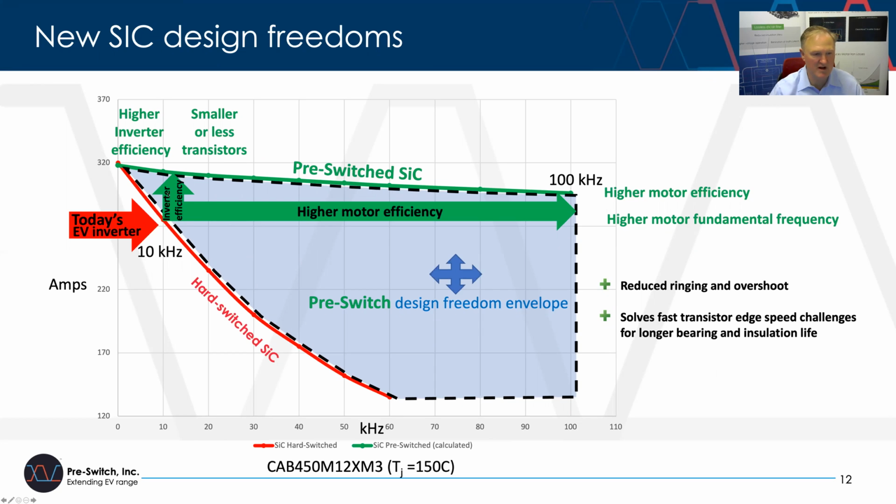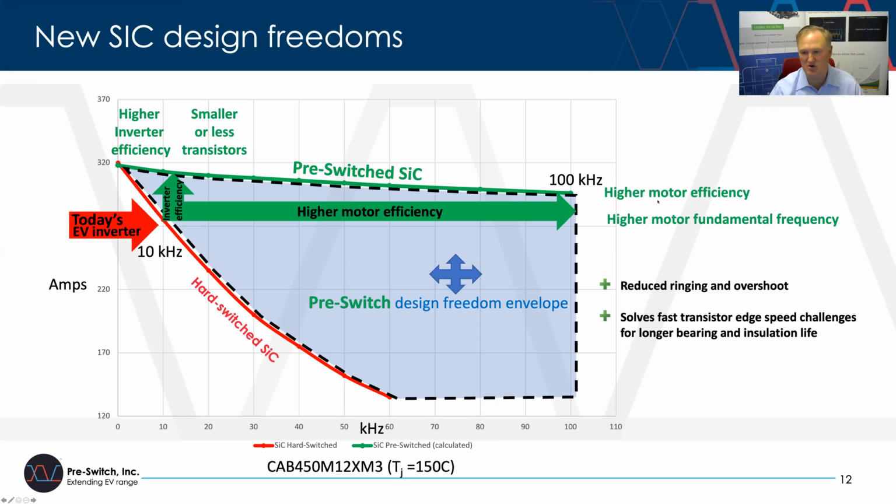This green arrow to the left says that you can take this existing point of 10 kilohertz and now you can switch it with the same switching frequency and actually have higher inverter efficiencies and/or smaller and lower cost transistors. We'll talk more about that in a bit. You can also come significantly off to the right-hand side in terms of switching frequencies because now you're not impacted.